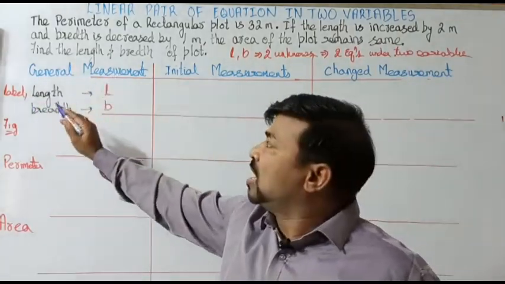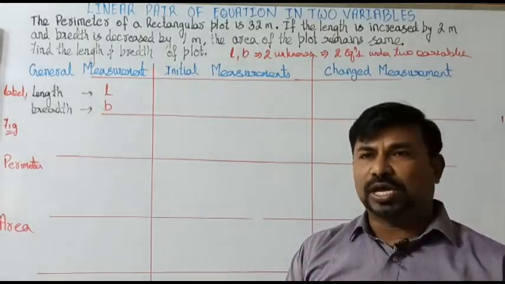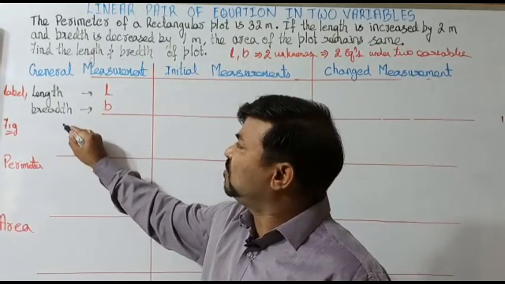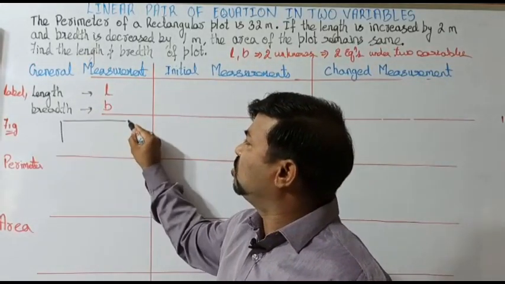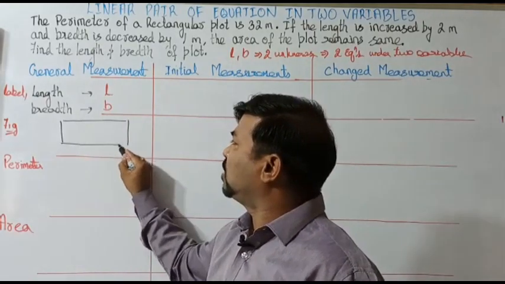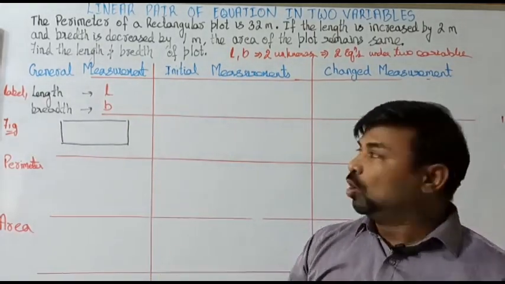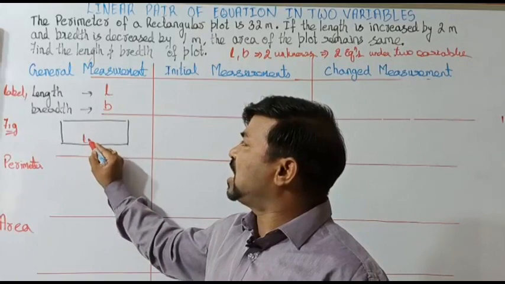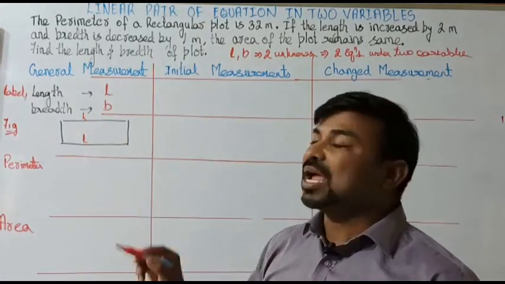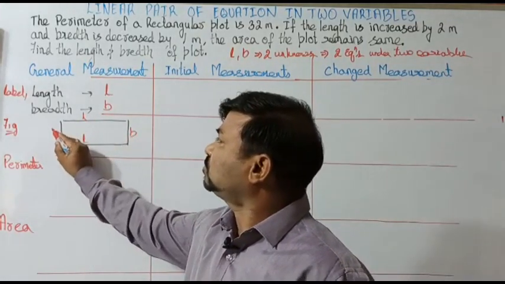Length L and breadth B. Now, what is the figure we have? As he is talking about a rectangular shape, we take the longer side as length and the shorter side as breadth.